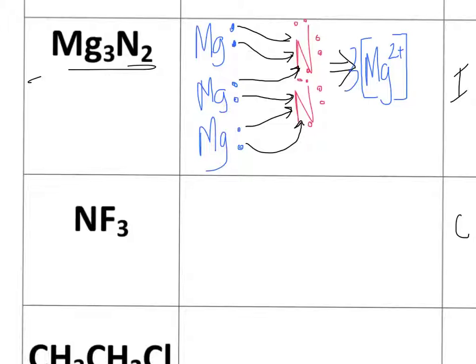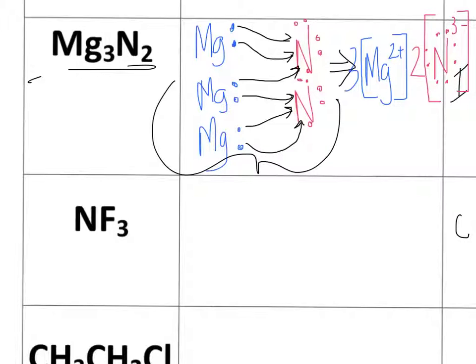Then we have our nitrogen, and each nitrogen has received 3 electrons, so the charge is 3−, and we put the brackets around it, and there are 2 of them. Okay, so that is how you write the Lewis structure, which really is Lewis dot structures showing transfer. That's really what that is.